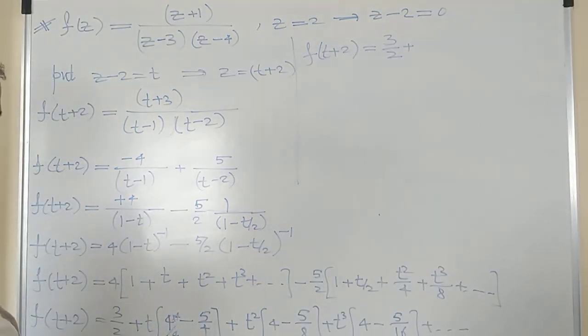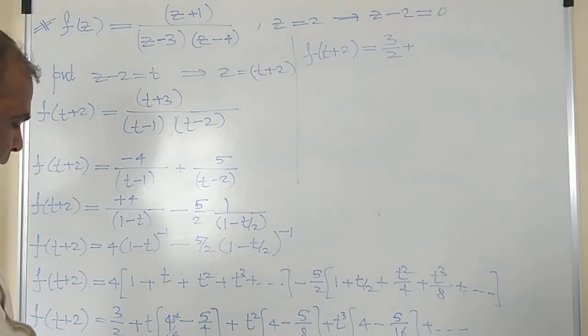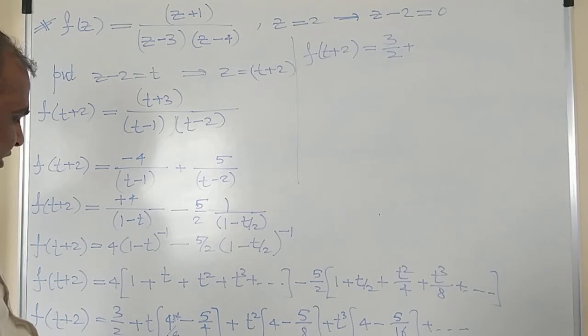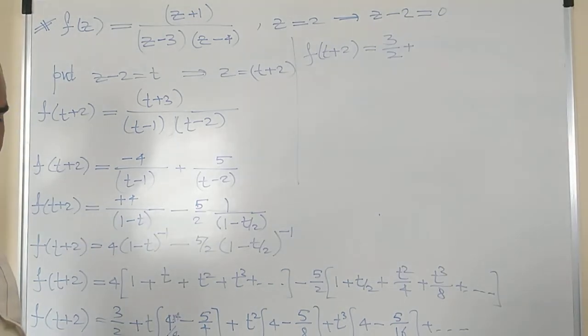Equate the denominator, you will get 16 minus 5, which is 11 by 4, isn't it?